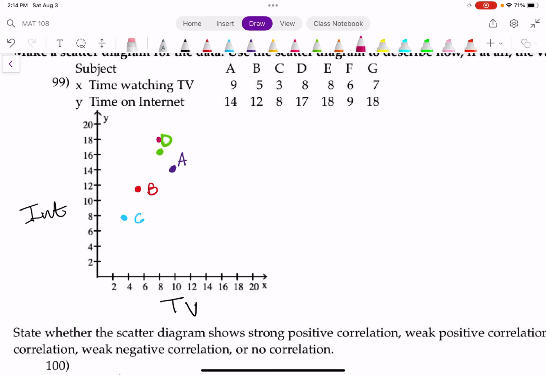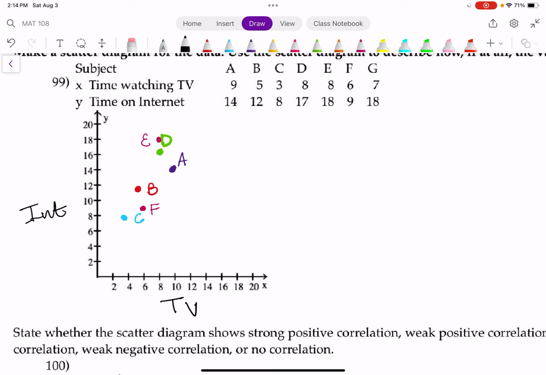And F, 6 and 9. There goes here. Choose a different color, but it is what it is. And G, 7 and 18. So 7 is between 6 and 8.